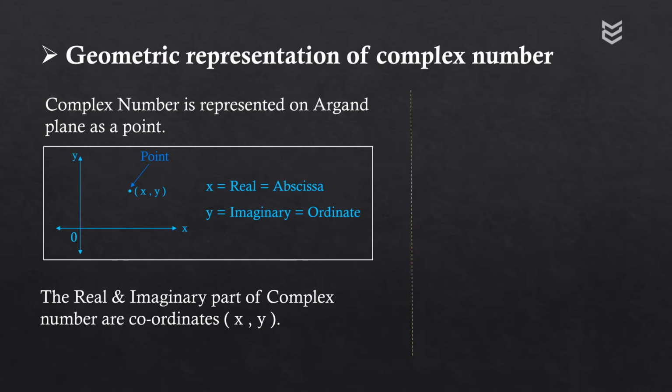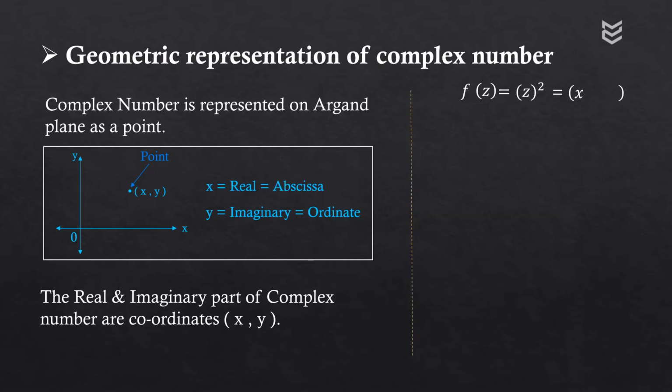Earlier, functions were of real numbers, but in complex integration, the functions are of complex numbers. Thus, a function of z will have z as a complex number. Here, the function of z equals z squared. To find the real and imaginary parts, we put z equals x plus iy.